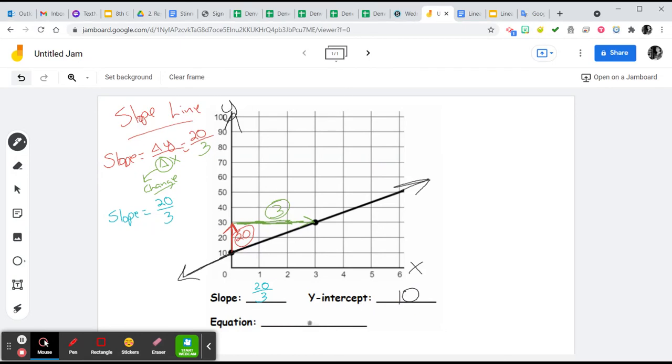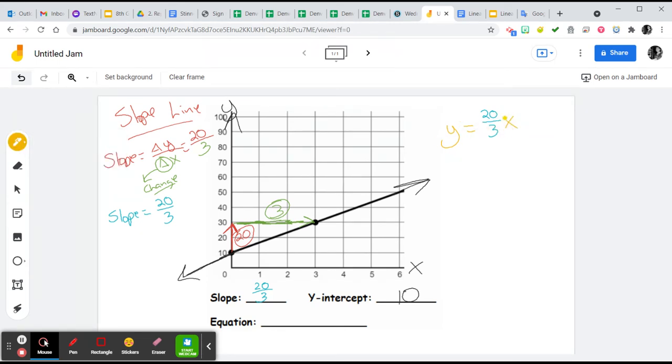And so now we need to put all this together. So our equation is going to be y equals our slope, which is 20 over 3. And then we'll just put in x, right?